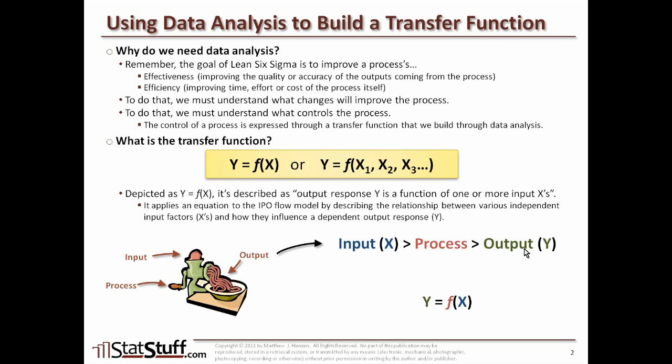The input is what we're referring to as the x's in the equation, the process is the function that's applied to those x's, and finally the output becomes the y in this transfer function. So it's the IPO flow model that we're adapting to what we're calling the transfer function, y equals f of x. The transfer function is an equation of the IPO flow model.